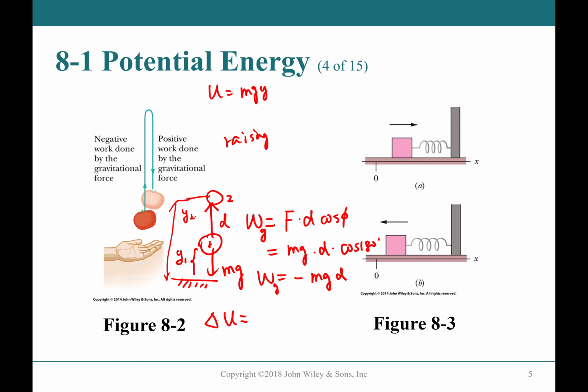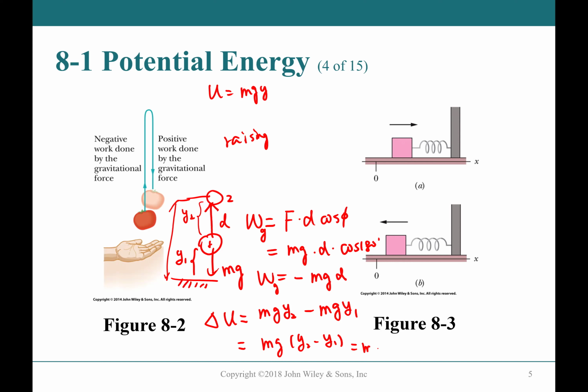So the change of potential energy should be equal to mg y2, the final position, minus the initial position mg y1. So what we have is mg (y2 minus y1), and y2 minus y1 is the difference here.